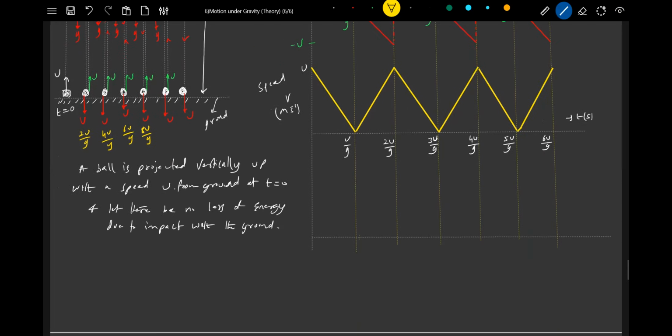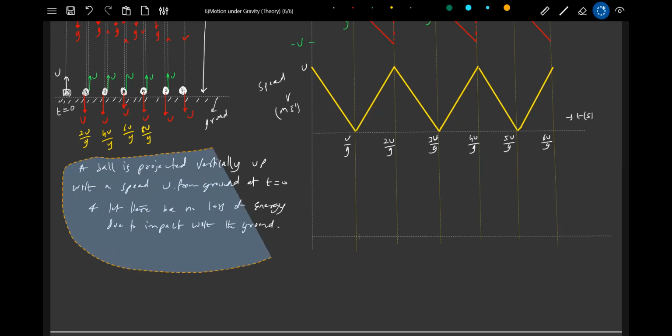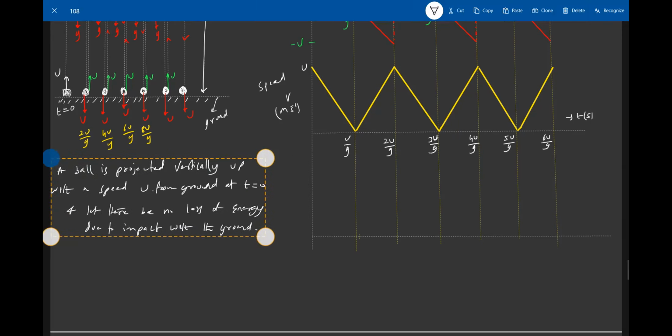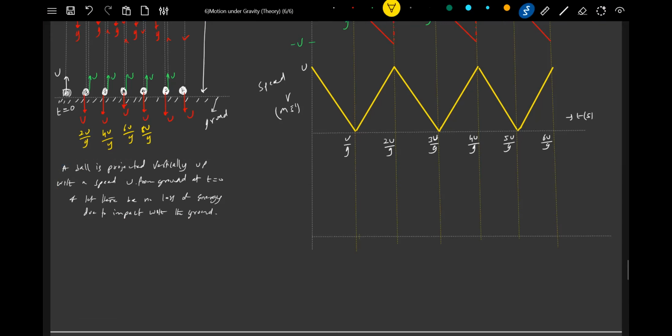Now, what about the position? The position versus time graph. Again, we have projected it with a speed u, so it will be like this. This is H max.